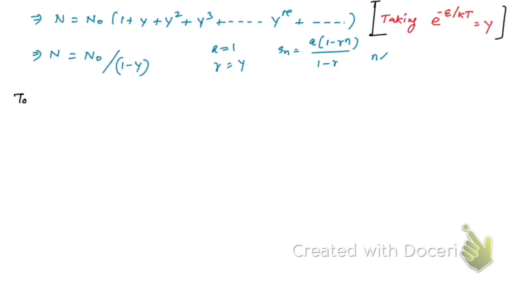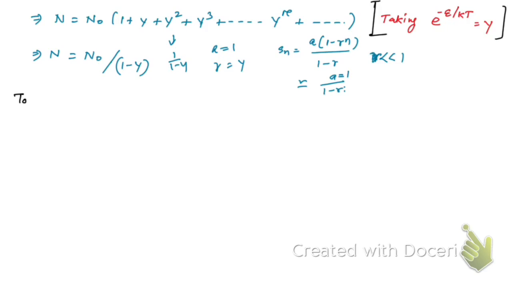But for r very less than 1, this sum equals a by 1 minus r. In this case a is equal to 1 and r is equal to y, so the sum of this series is going to be equal to 1 by 1 minus y, right?